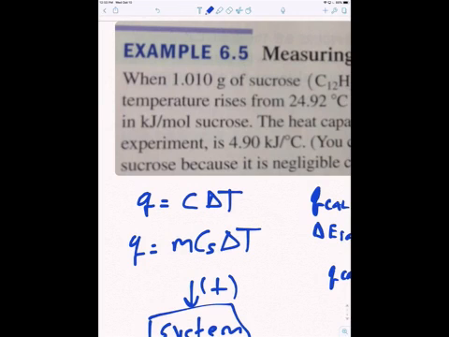Or you can say, I have 10 liters of water, the density of water is 1 kilogram per liter, and then you're doing the same thing. It's just this term becomes that term.